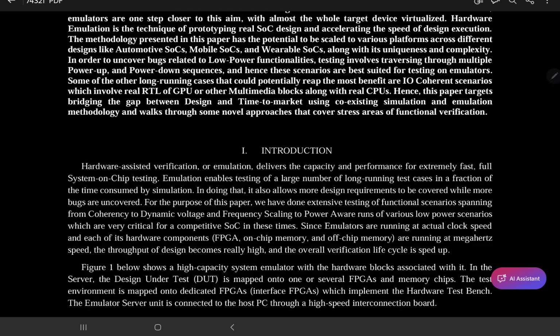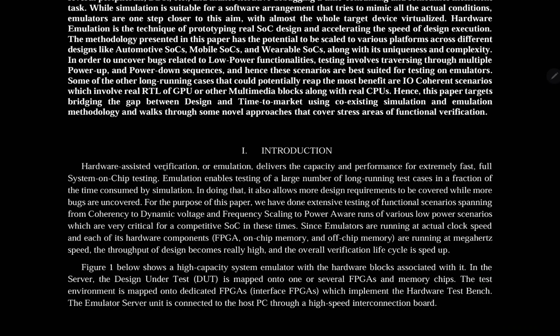Introduction. Hardware-assisted verification, or emulation, delivers capacity and performance for extremely fast, full system-on-chip testing. So emulation enables testing of a large number of long-running test cases in a fraction of the time consumed by simulation.